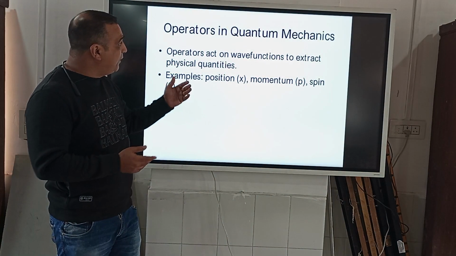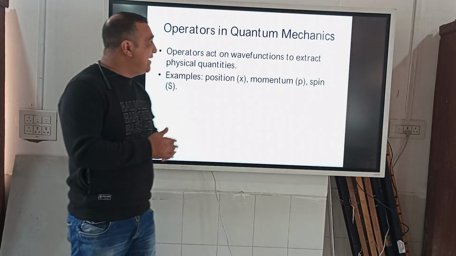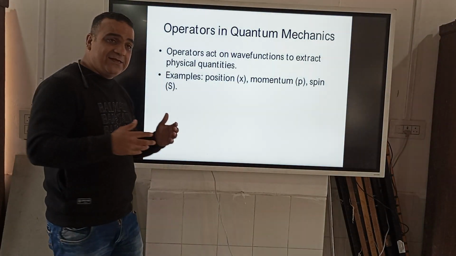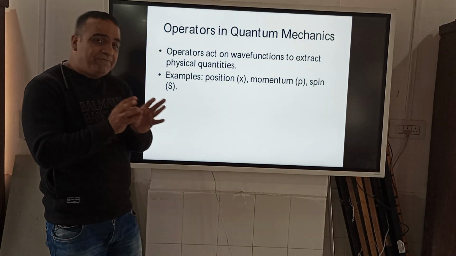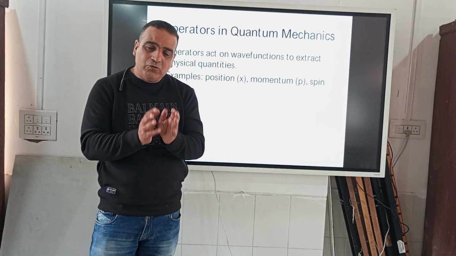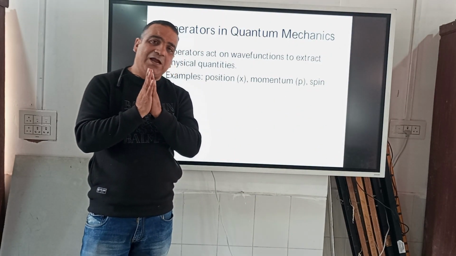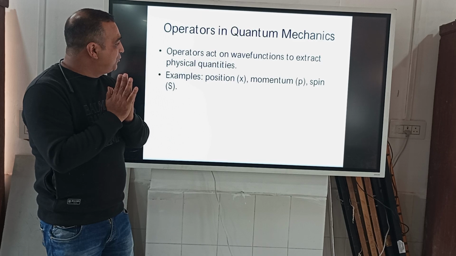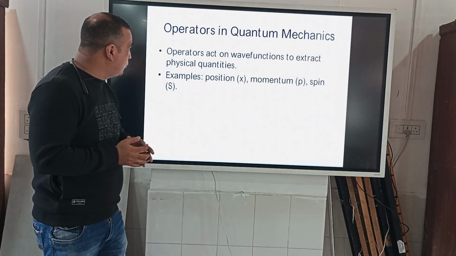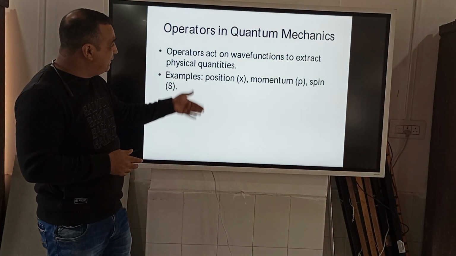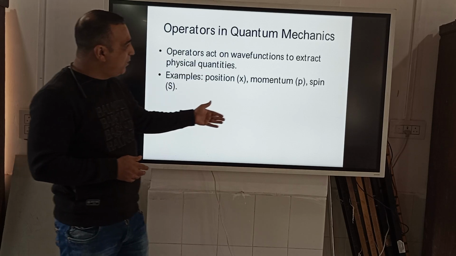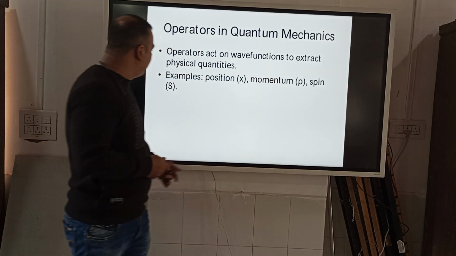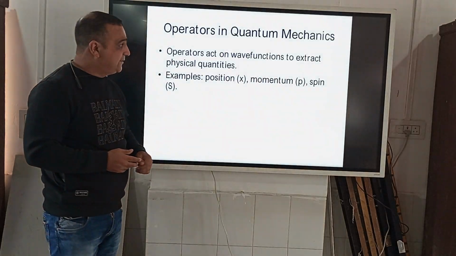They operate on the wave functions, and what they do is they extract the physical quantities. When you operate your operator on a wave function, what you obtain is a physical quantity, and there we have simple operators like the position operator, momentum operator, and spin operators.